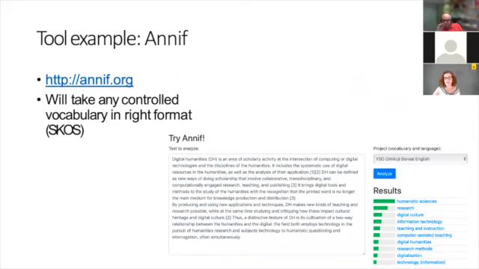It's maintained by the Finnish National Library, and what is really good about it is that it allows any controlled vocabulary, as long as it's available in SKOS format, to be used with it. So most vocabularies are available as SKOS today or are about to become that, and then it's relatively easy to plug into this software.